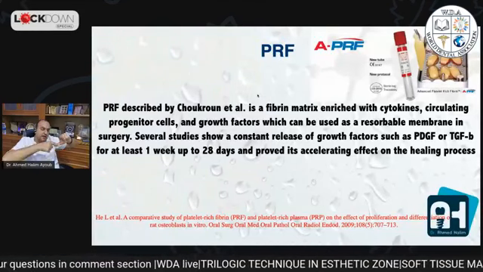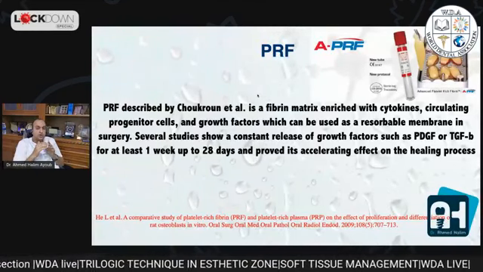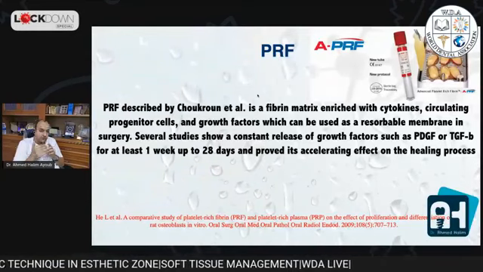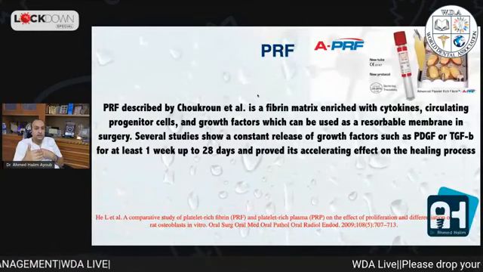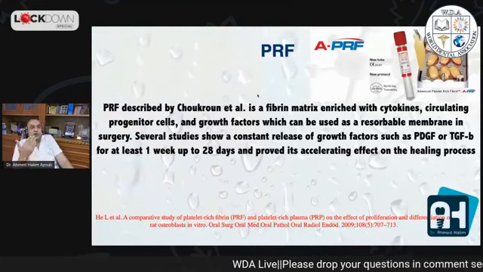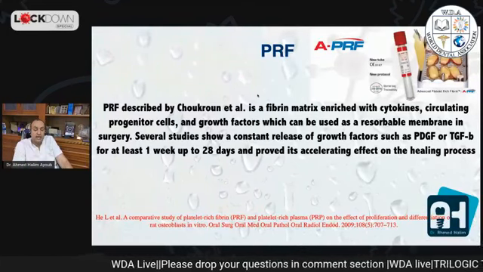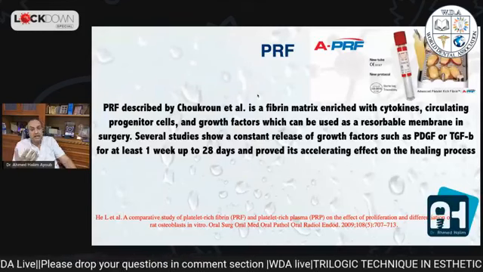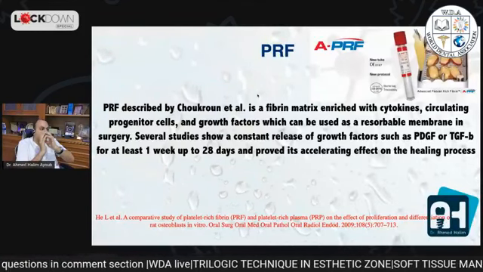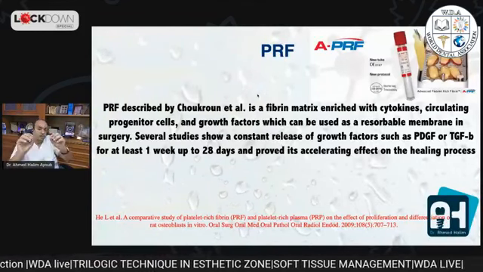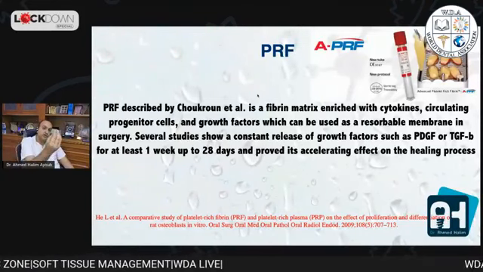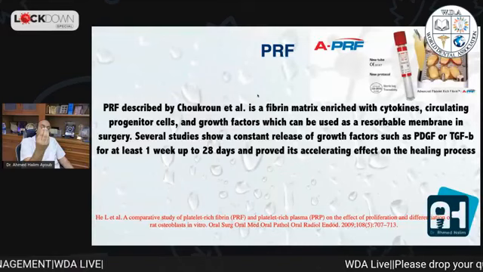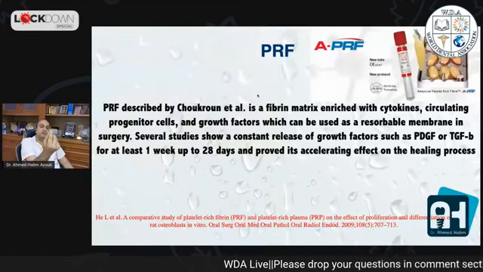Growth factors are proteins that induce mesenchymal stem cell proliferation. They help the mesenchymal stem cells to proliferate into osteoblasts and fibroblasts. So you have a concentration of mesenchymal stem cells and growth factors in your hand when you are using PRF or CGF.